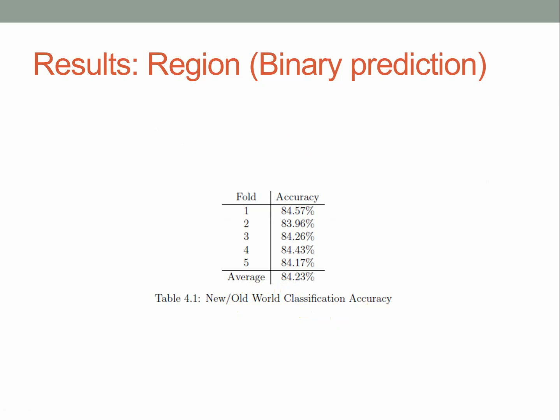The result is fairly consistent. 84% can be successfully predicted as coming from the new world or the old world. And of course, this is a simple binary classification problem that is being implemented in this chapter.